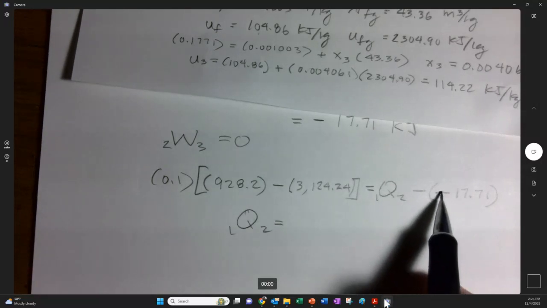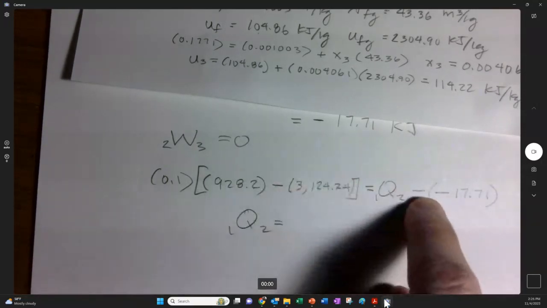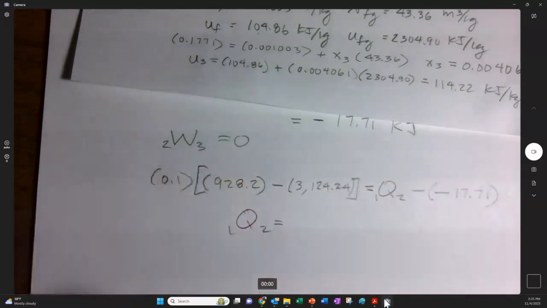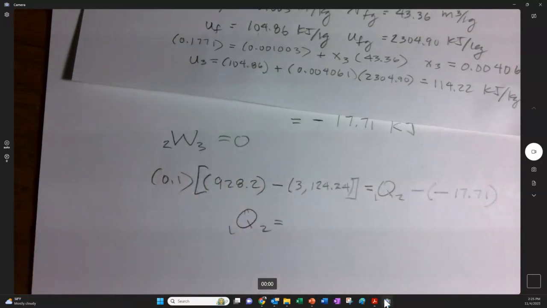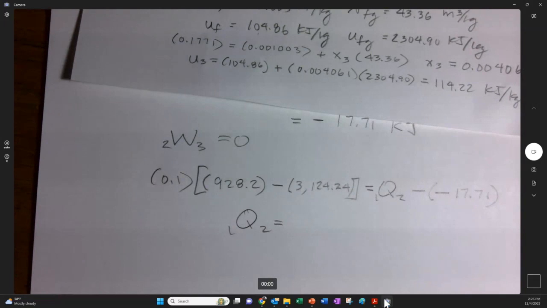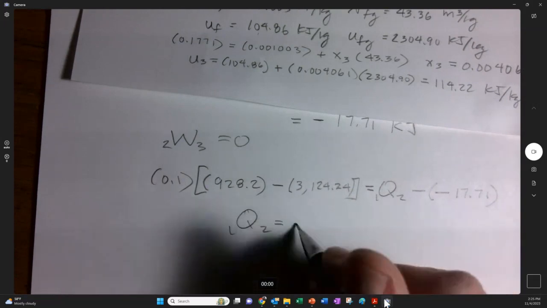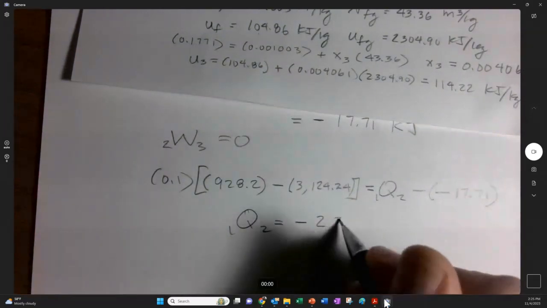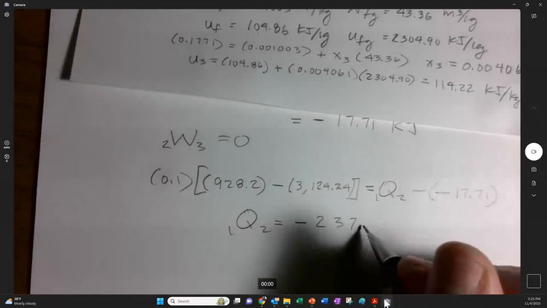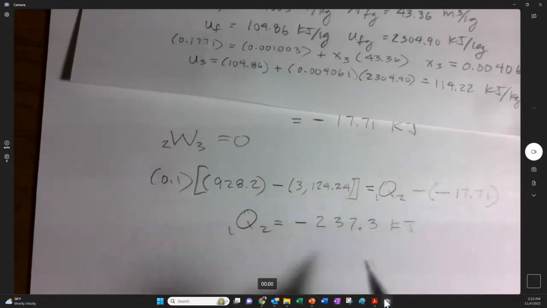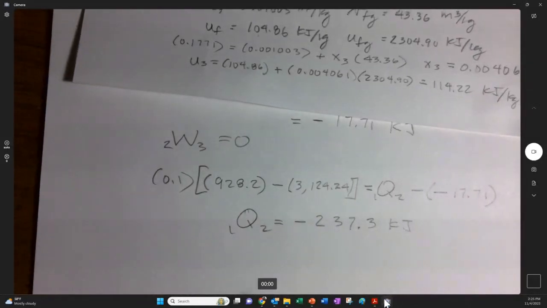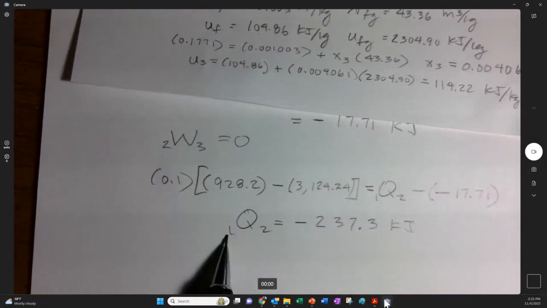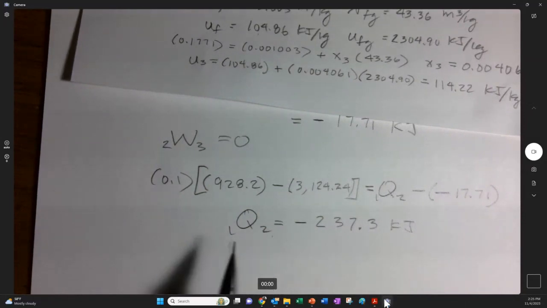And then we're going to move this over, and that was positive, but it's going to come back over there and be negative. So 17.71 minus that, you have a negative 237.3 kilojoules, right? So that's what's happened between steps 1 and 2.